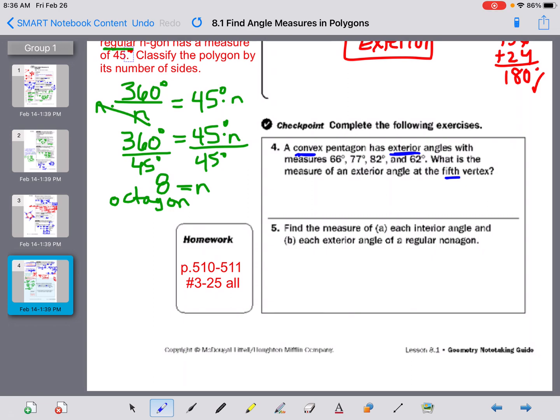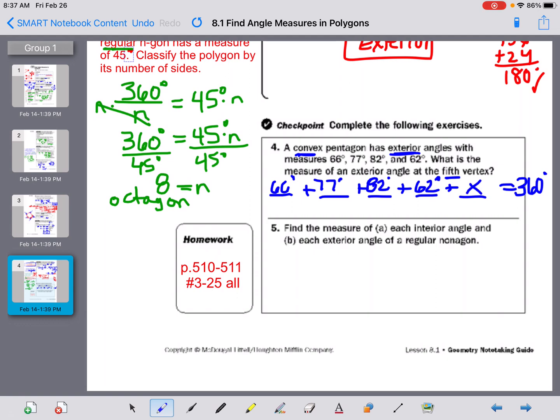Okay, pentagon, 5. 1, 2, 3, 4, 5. The outside angles add up to what? 5 sides. What do all the exterior angles add up to? It's got to be 360. All of them add up to 360, no matter how many are on the outside. So I start filling them in here: 66, 77, 82, 62, and we don't know our last one, so there's my x.